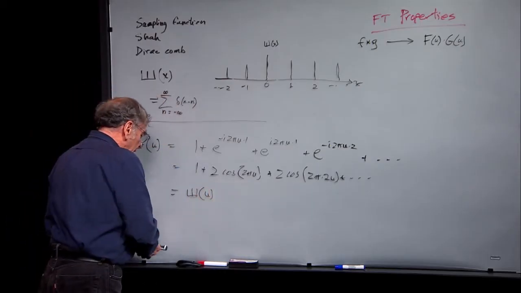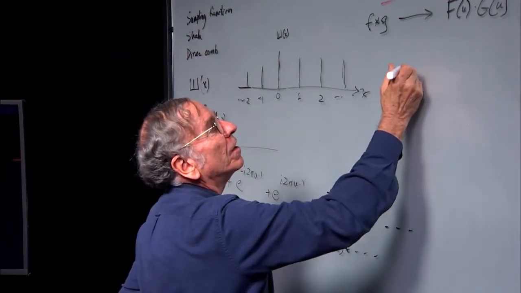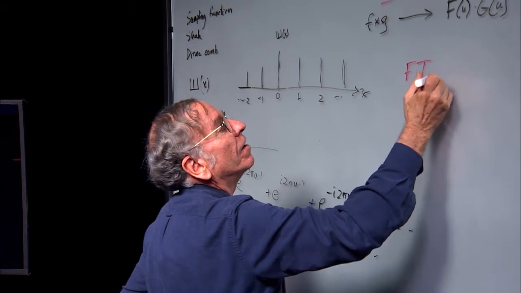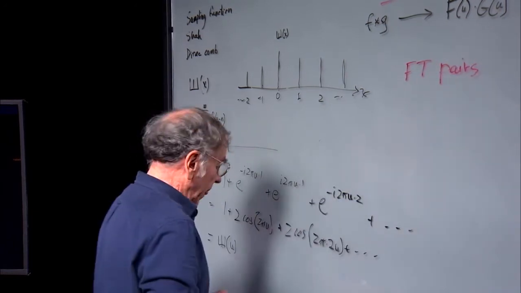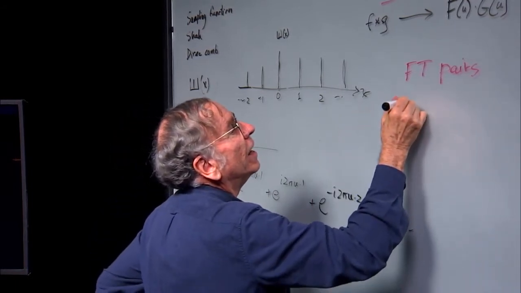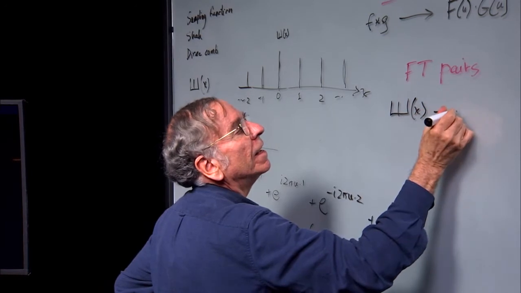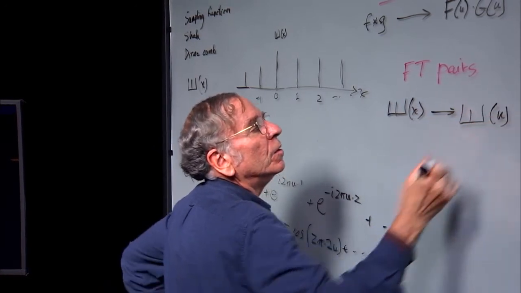So we can add one more entry into our list of Fourier transform pairs, and that entry is that Shaw of x transforms to Shaw of u.